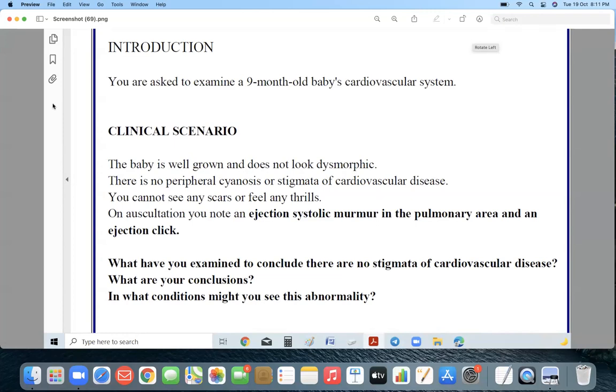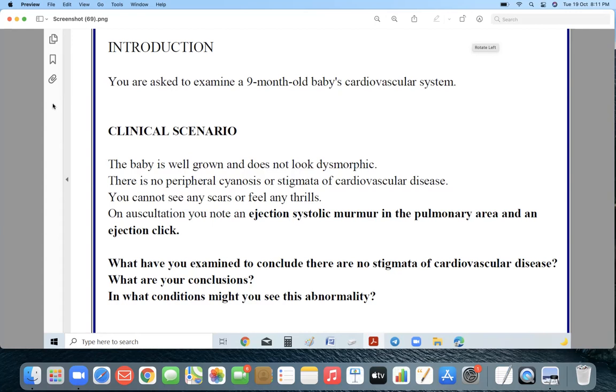The third thing is cyanosis. We have to look for cyanosis because when there is critical pulmonary stenosis, there is cyanosis. So these are the three parameters we have to see in the patient. And then we have to tell about the syndromes associated with pulmonary stenosis, as Dr. Ruhail informed us: Williams, Noonan, and Alagille syndrome also.